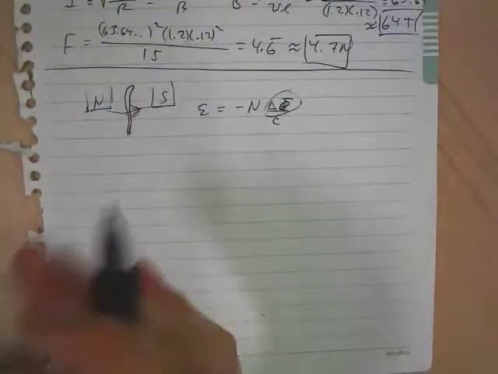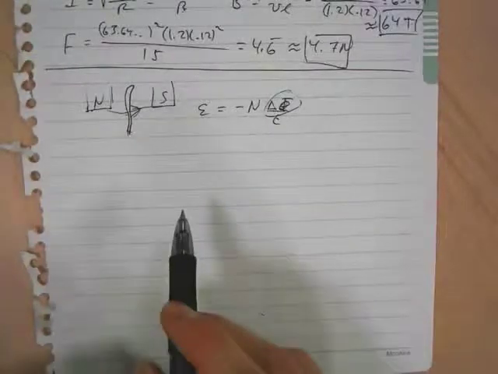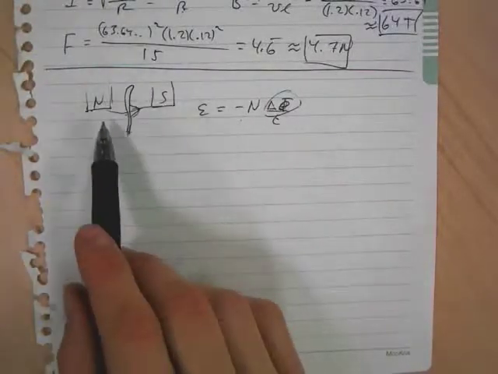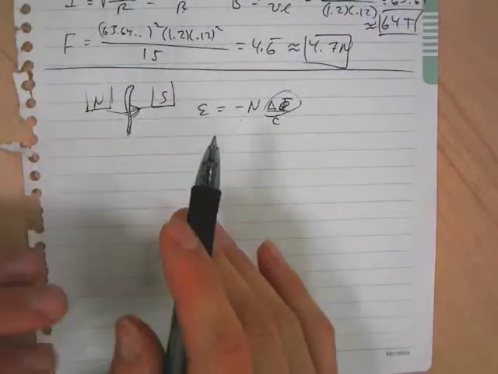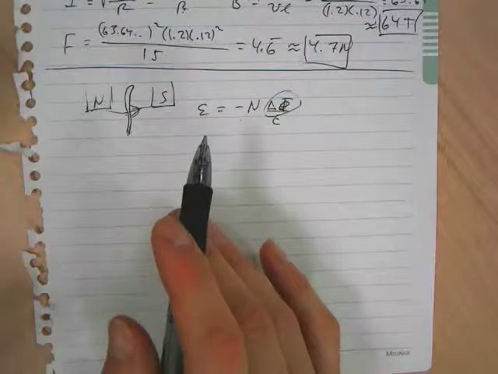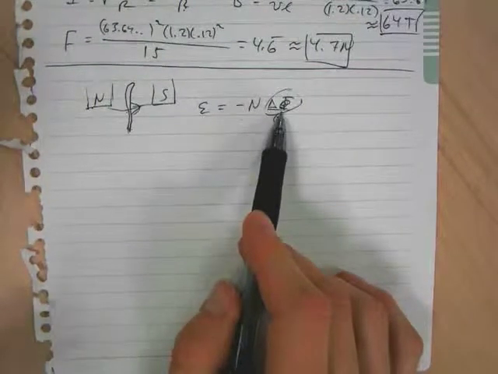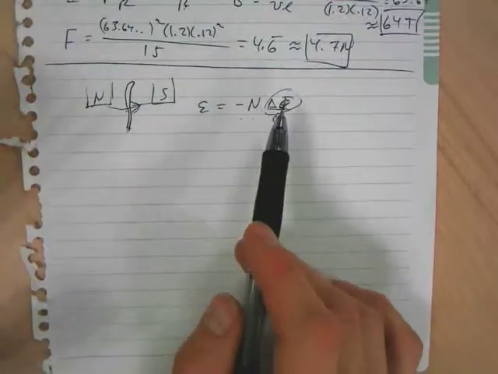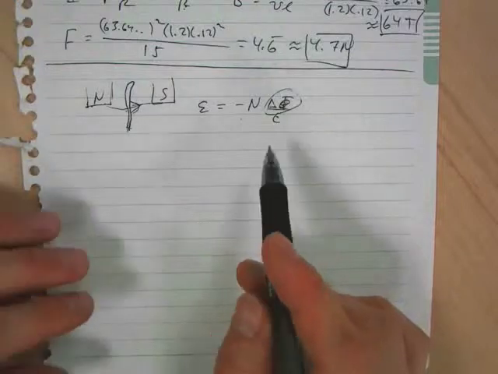As the coil is rotated, the angle between the B field and the coil keeps changing. If you think about the coil being perpendicular initially, the flux is related to the cosine of theta, but then the change in flux would be the derivative of that, which is a sine of theta.